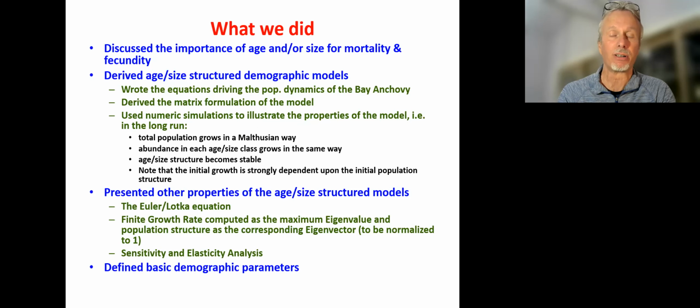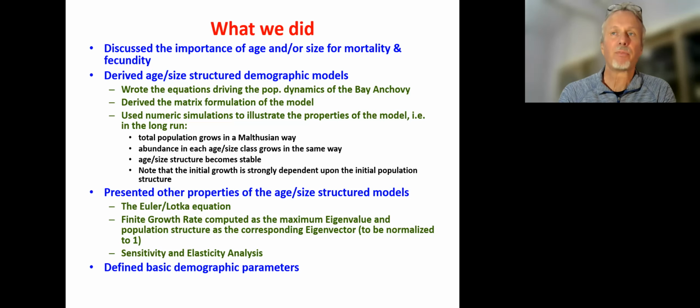These are matrix models with constant coefficients, and we've seen that if there is no density dependency, the overall population grows in a Malthusian way, and the population in each age, size or stage class also increases in an exponential way. In the long run, the proportion of individuals in each age, stage or size class becomes constant in time. We also saw that the initial growth is strongly dependent upon the initial population structure.